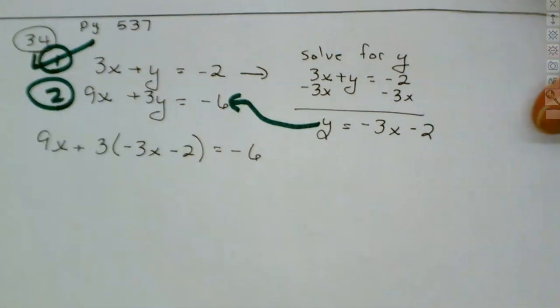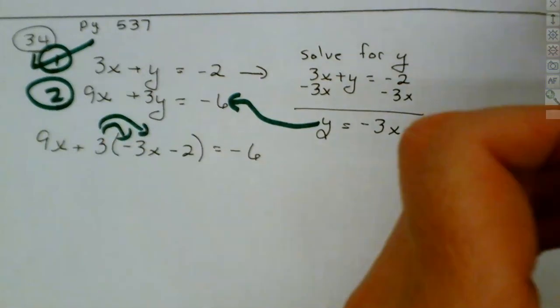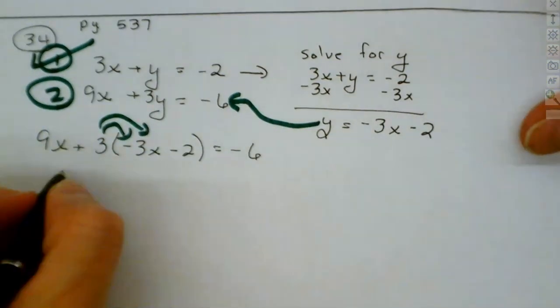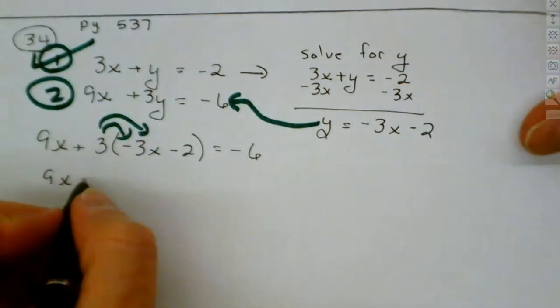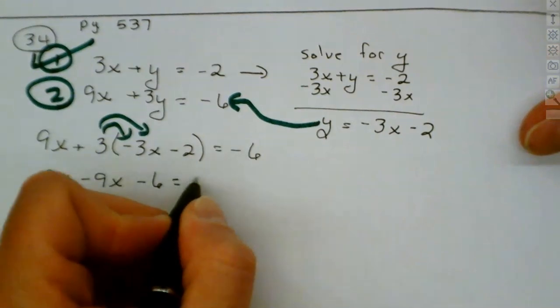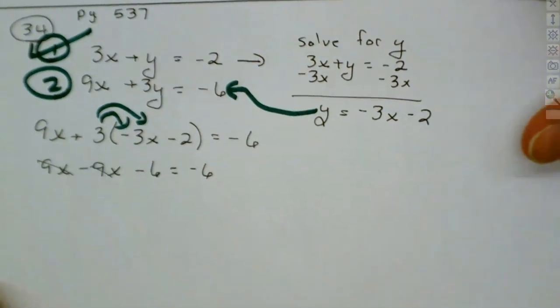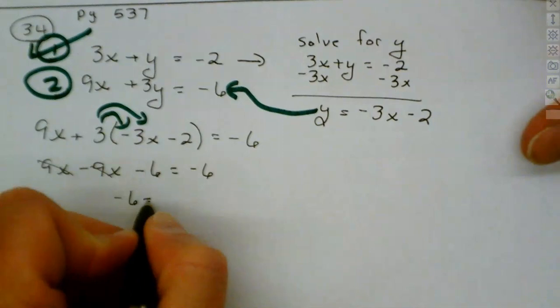But this one's going to be different from the last one, because when I distribute through, you get 9x minus 9x minus 6 equals negative 6. The 9x's can cancel, and you get this.